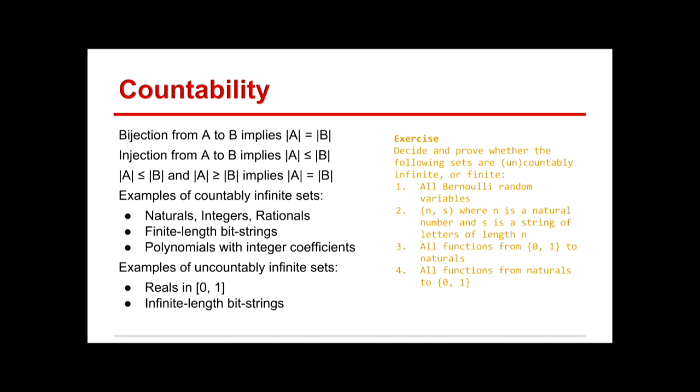Okay, so the last one, who thinks it's countable? Who thinks it's uncountable? Okay, so let's take a look. All functions from naturals to 0, 1. How do you write down one such function?